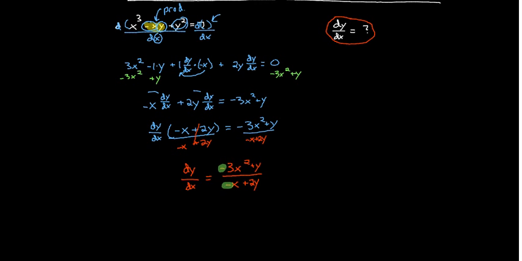So it would have to look something like negative 1 times 3x squared minus y over negative 1 times x minus 2y. Then you could cross out the negatives, and that's what you would be left with. But you cannot cross them out just because the leading coefficient is negative. It's a common mistake I see. Be careful not to do that.